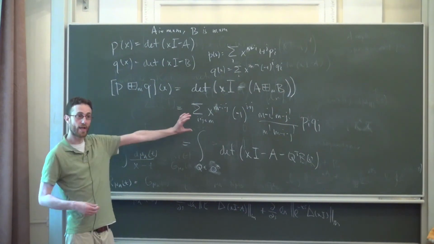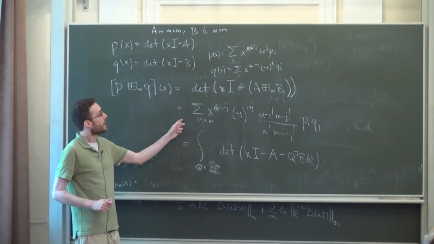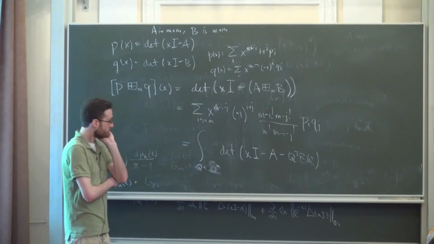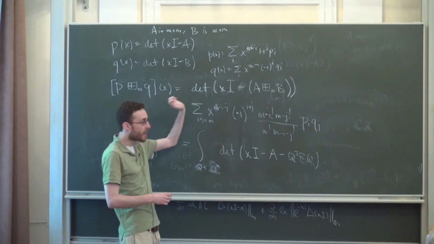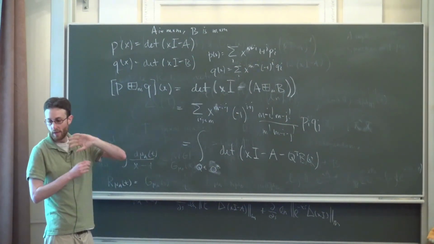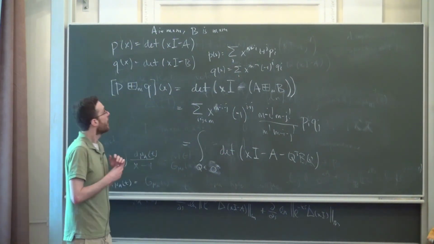Okay, so this is some way of combining two quote-unquote random matrices and getting a new one. And it is supposed to emulate what's happening in free probability. Next time I will talk about this some more.